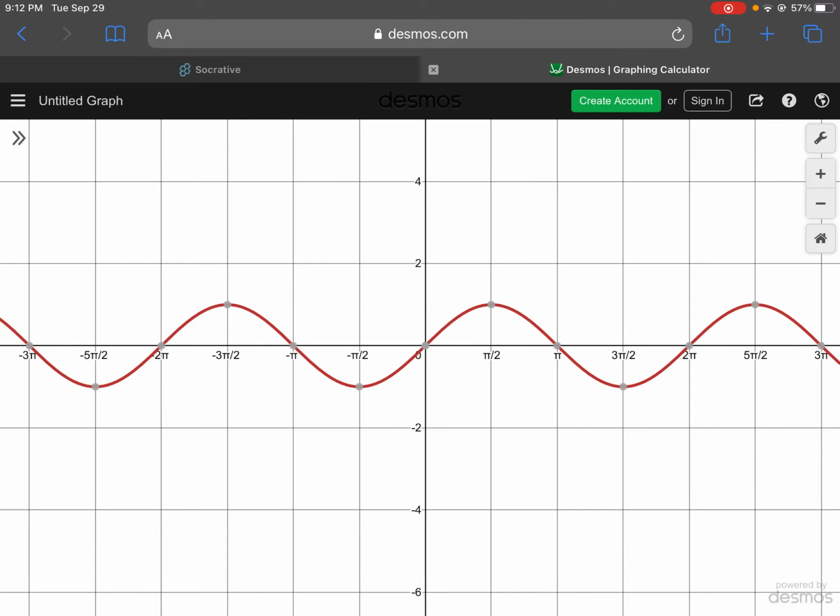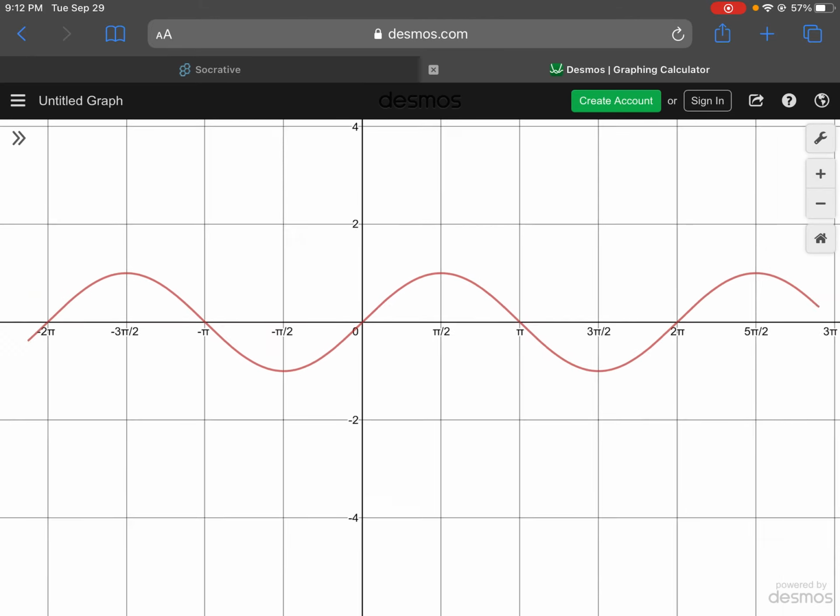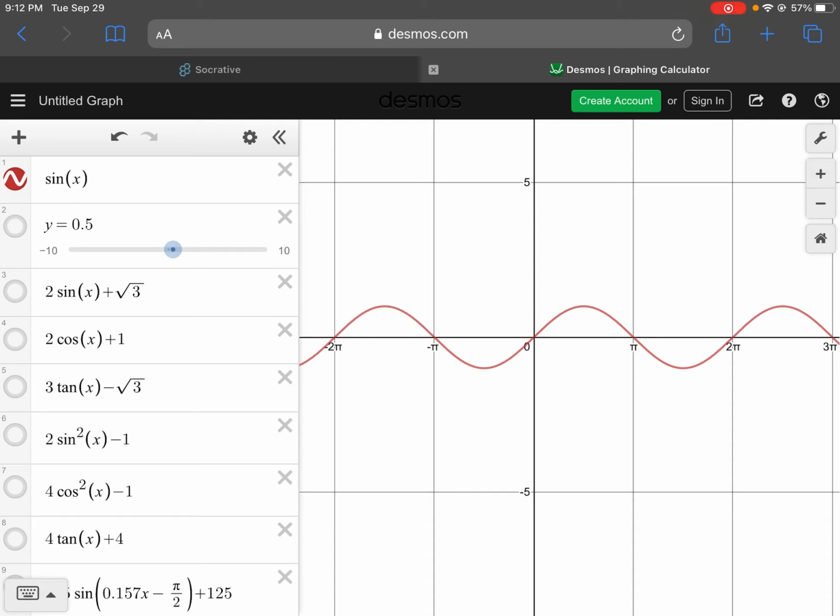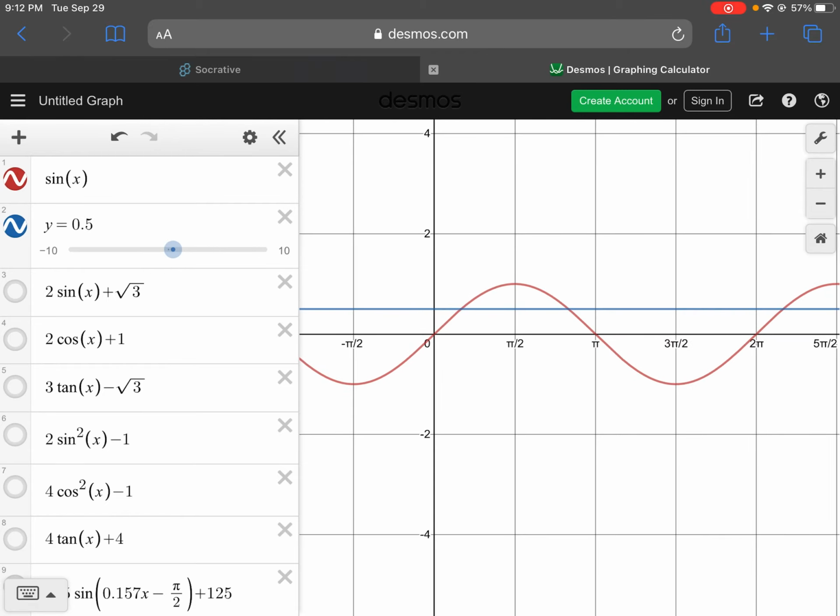So if I look, we want to find where the sine of x is equal to 1/2. Well, if I take a second equation, y equals 1/2, and intersect it with y equals sine of x, where the blue line, which represents y equals 1/2, intersects with the red curve, y equals sine of x, those points of intersection are going to represent the angles where the line and the curve sine of x are equal to each other.